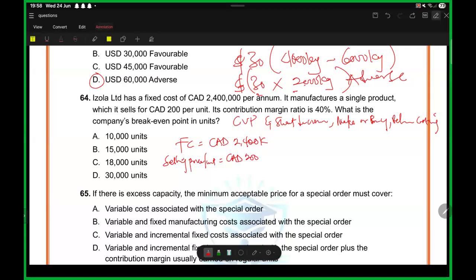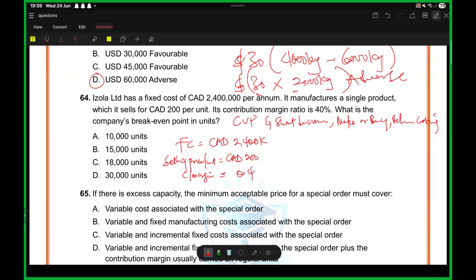The contribution margin ratio is given as 40%, which is 0.4. These are the information we need, and we are told to calculate the break-even point.